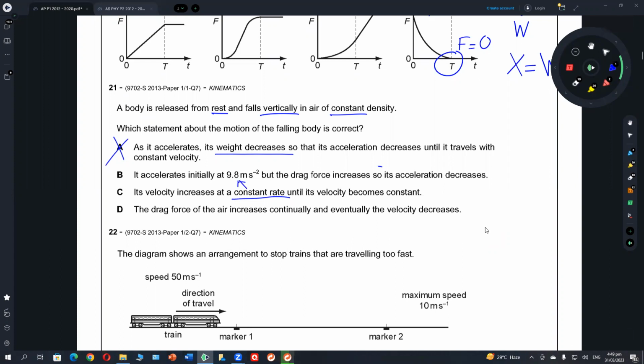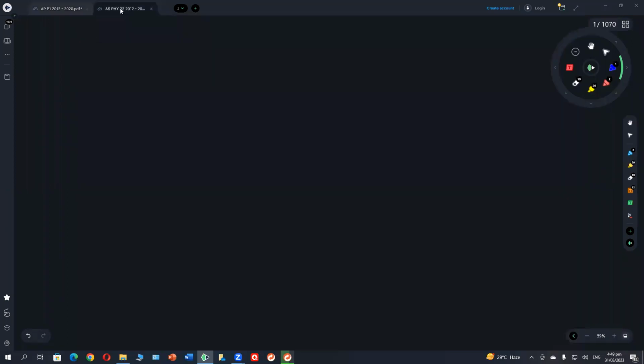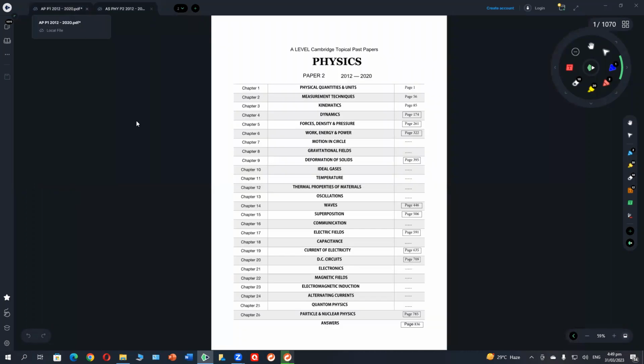When you say constant rate, does it mean constant acceleration? Yes, which is not the case. Acceleration is not equal to g when air resistance is present. So due to this error, C is wrong. Constant rate means constant acceleration.